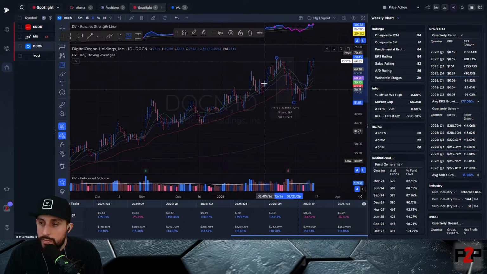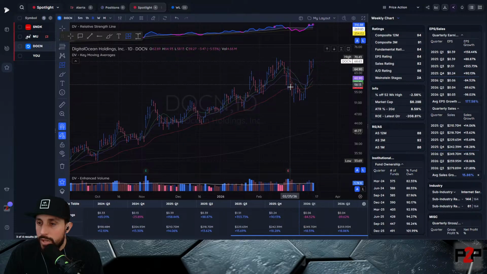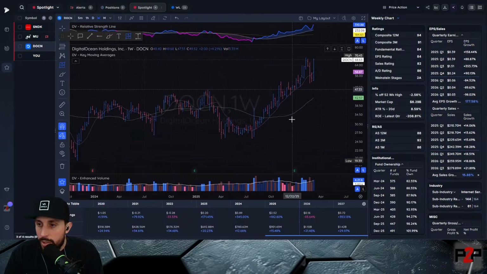I think it's probably about mid-February when things really started to get clear. But yeah, look, that's just another correction right back above the 50. And now we're starting to tighten up, hopefully around those all-time highs. And again, there you have the weekly, that just doesn't look intimidating at all.